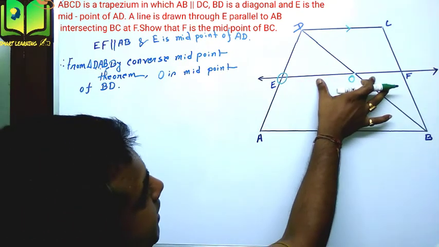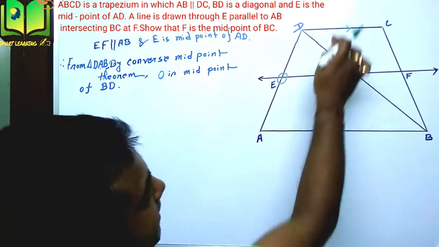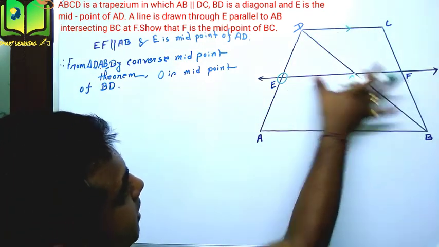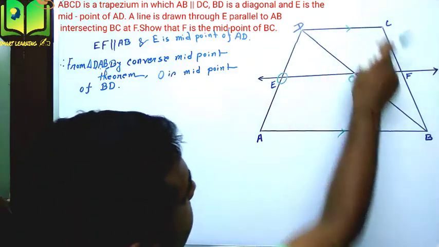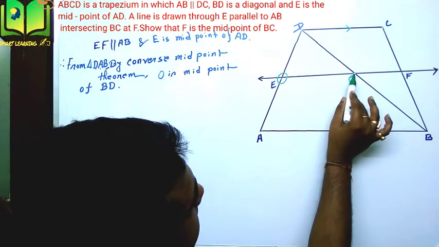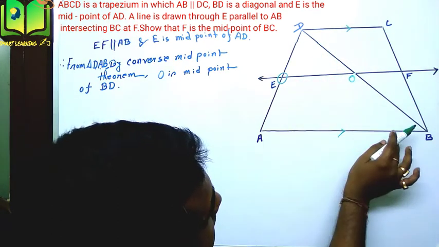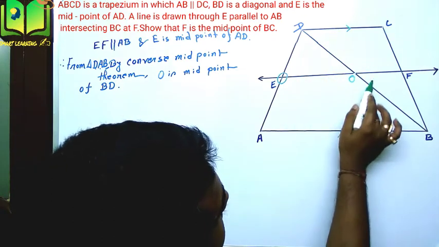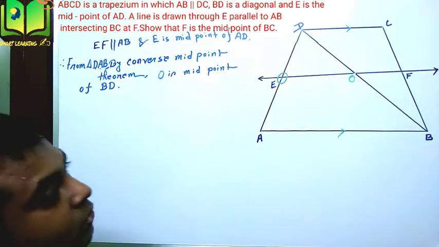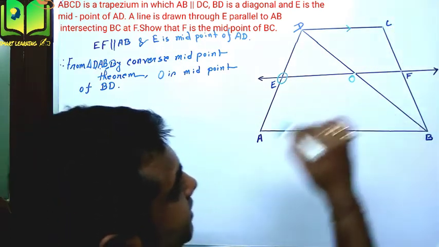So definitely EF is also parallel to DC. So that's why we can say that DC is parallel to EF. So from figure DCB, O is the midpoint of DB and DC is parallel to OF. So F is also the midpoint of BC.